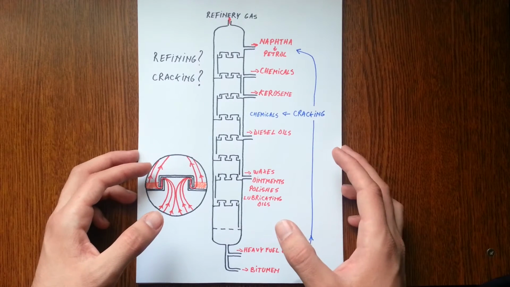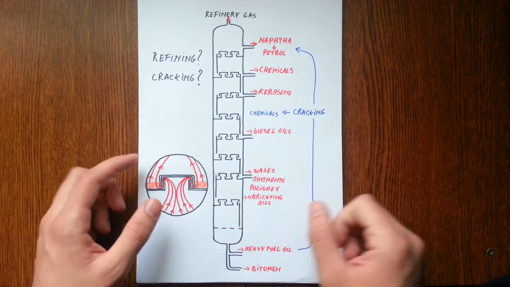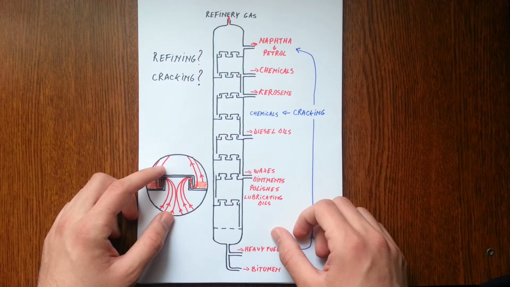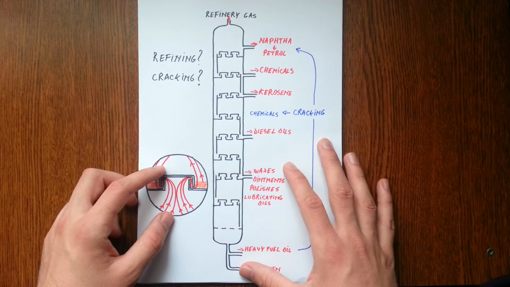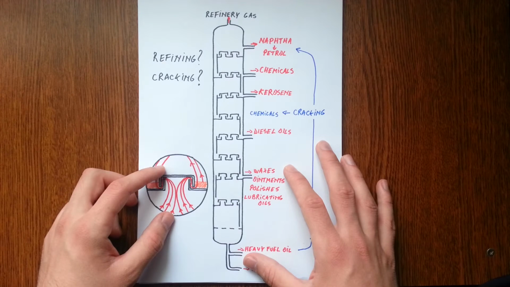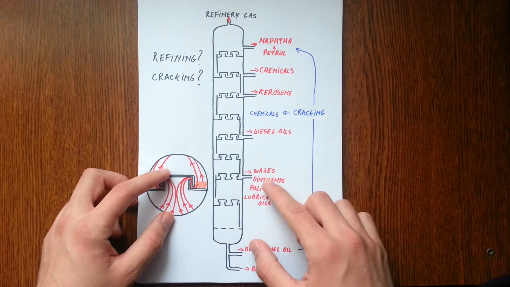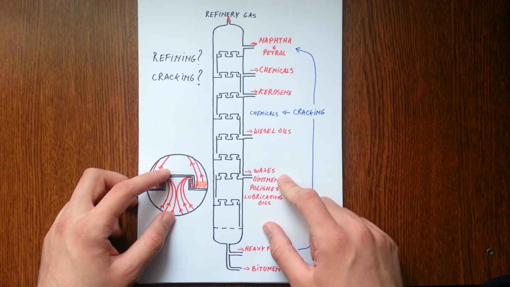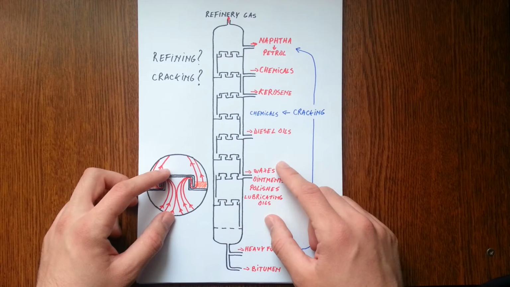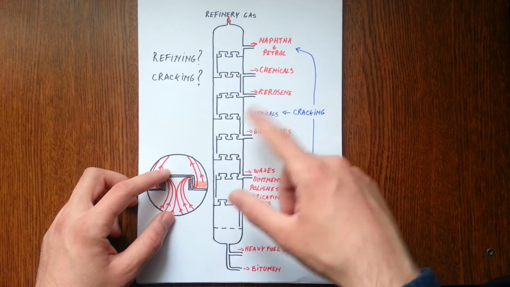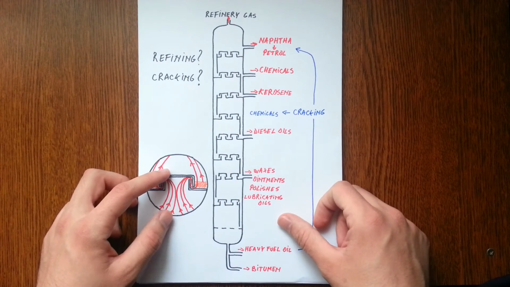Catalytic cracking gives a higher yield of useful products, so it can be more useful. By adding a catalyst to the oil during the preheat phase, the heavy fraction can be broken into a mixture of lighter ones, which are then fed into a fractionating column like this one to be separated out.